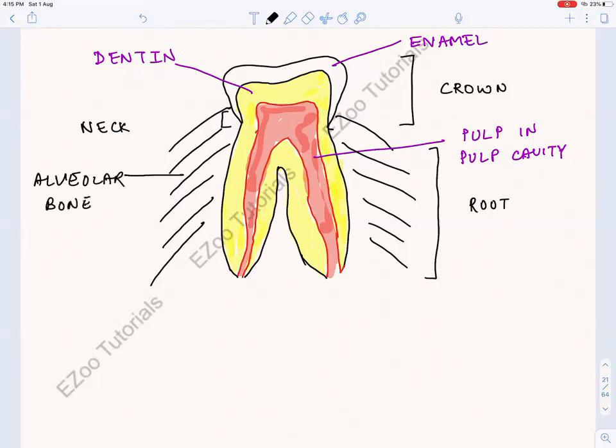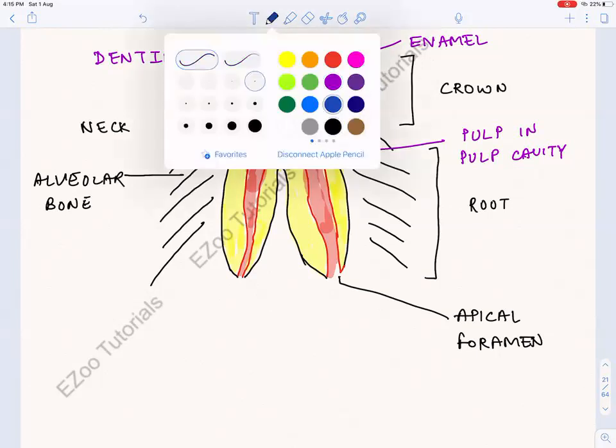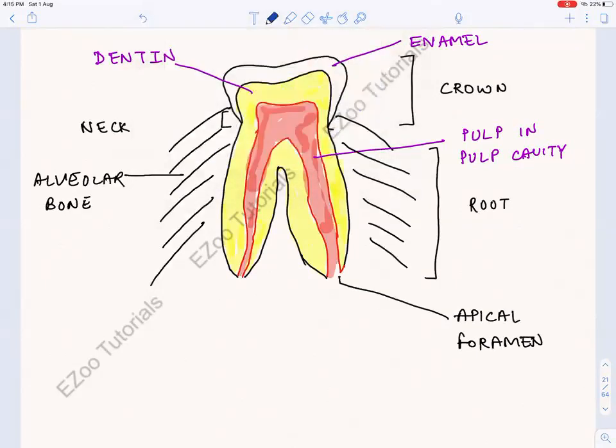And what is this opening that is present? This is the apical foramen. And why is this present? This is present because many blood vessels are present, and they come in and go out through these openings.